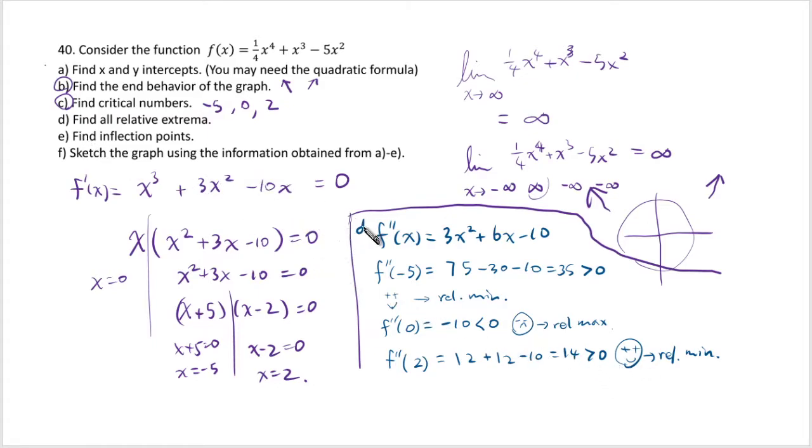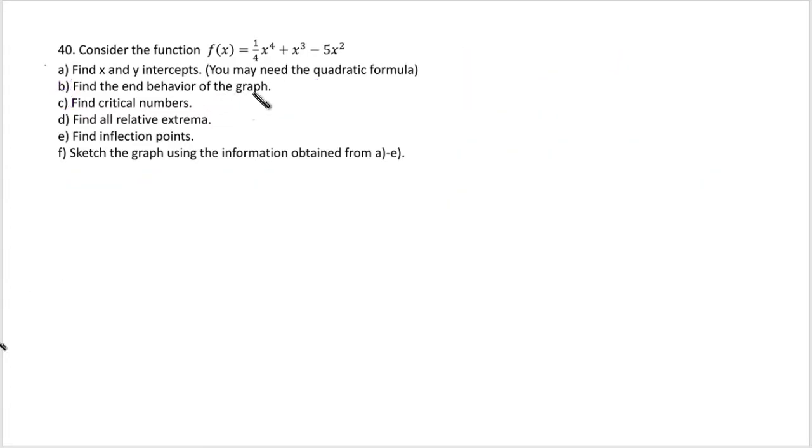Now, it doesn't end there, because relative extrema are points on the graph, so you actually have to evaluate the function at these points. So let's do that. So we now know that -5 is a relative min, 0 is a relative max, and then 2 is a relative min again.